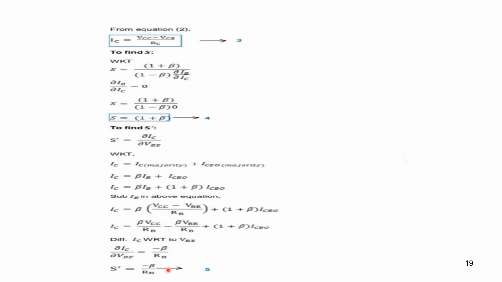So S dash we get as minus beta by RB. Again S dash depends upon the beta value. If you change the transistor, the S dash value changes. If the stability factor changes, the rate of change is more, and a higher rate of change means the circuit is less stable.